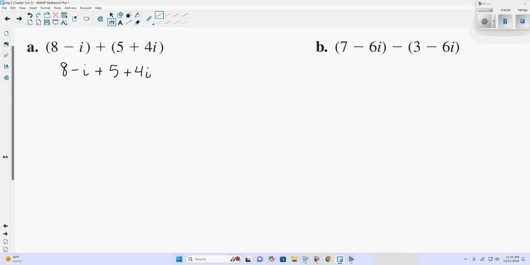So it just gives us 8 minus i plus 5 plus 4i. Well, 8 and 5 are like terms. I'm going to move them next to each other. And our negative i plus 4i are like terms. Can we agree with that there? They both have i. So our numbers are 8 plus 5.